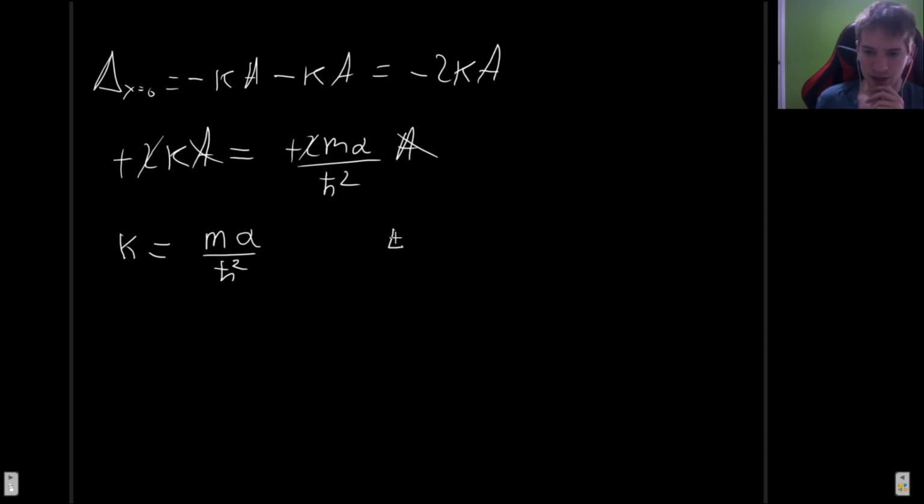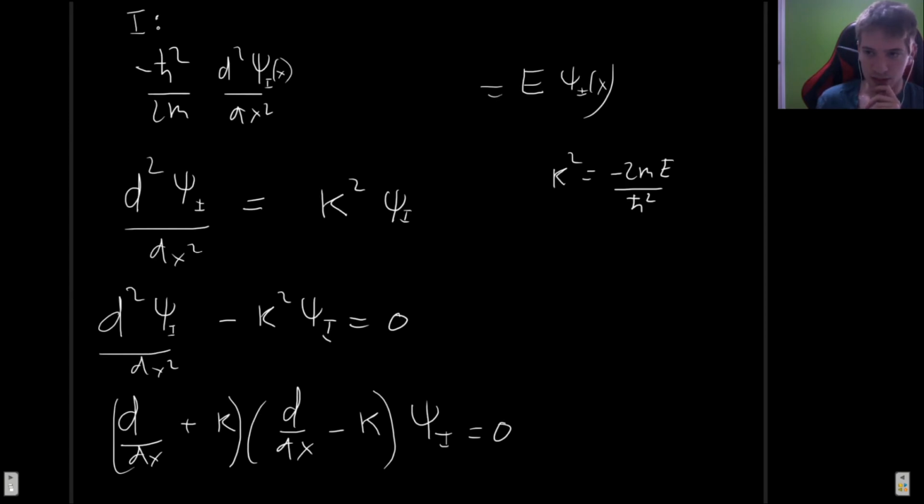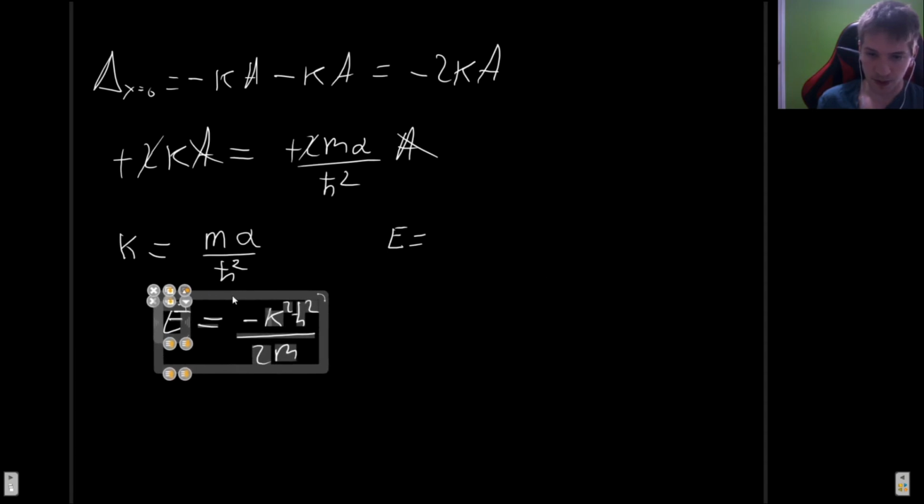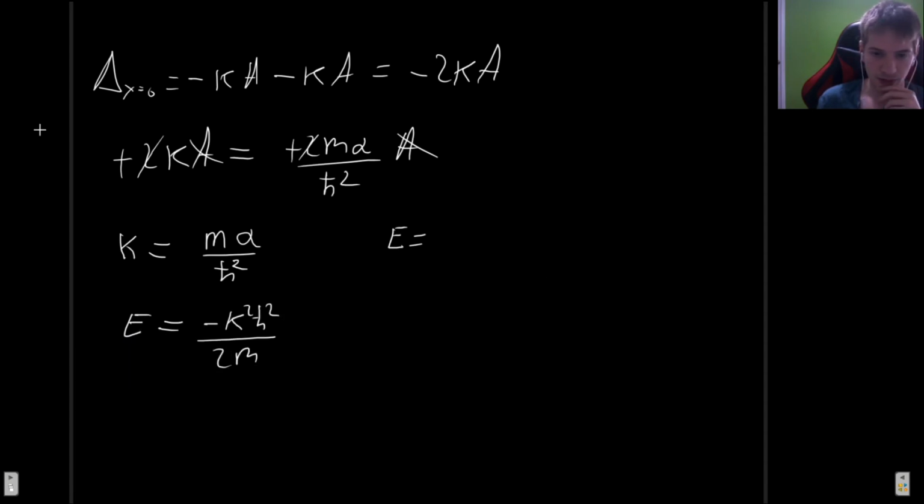And our energy, as we defined at the beginning, let me go back and see where it is. There we go. We saw that k squared is minus 2mE divided by h bar squared. So the energy is going to be minus k squared h bar squared divided by 2m. Into this formula, we now want to plug in our values for k.